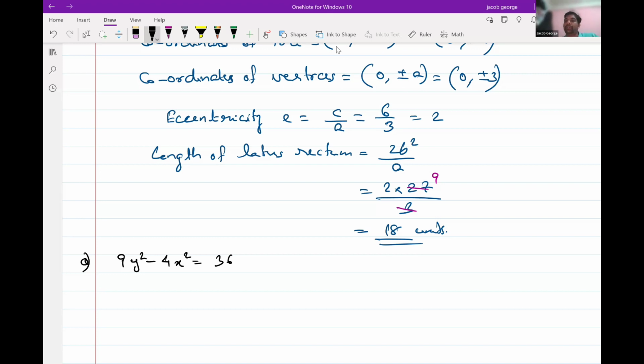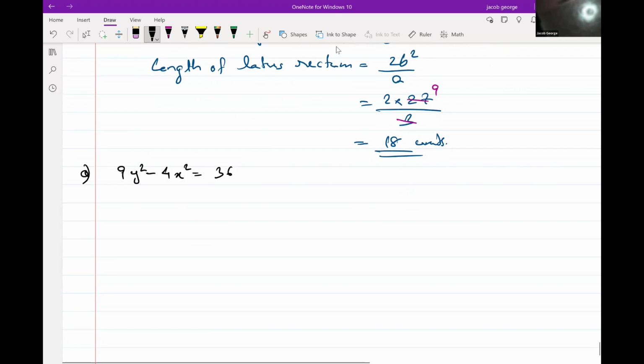What number do we have to divide by to get 1 from 36? We have to divide throughout by 36. In ellipse also we have done the same type of question. So the first step is dividing throughout by 36.